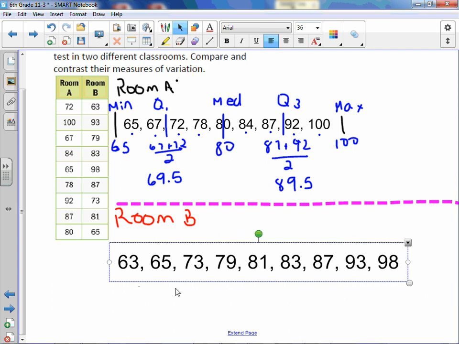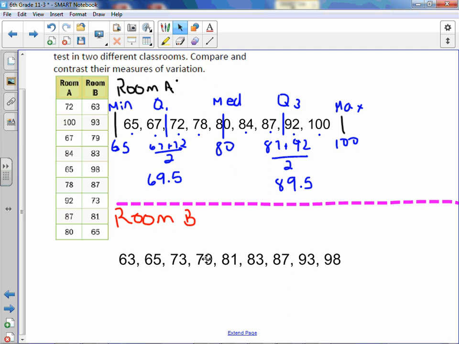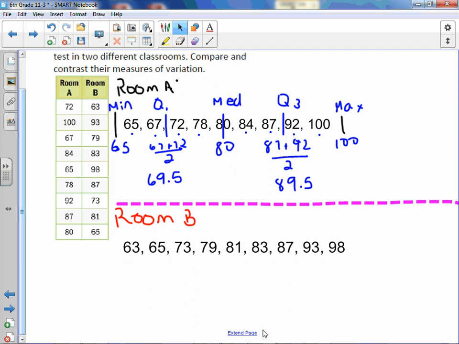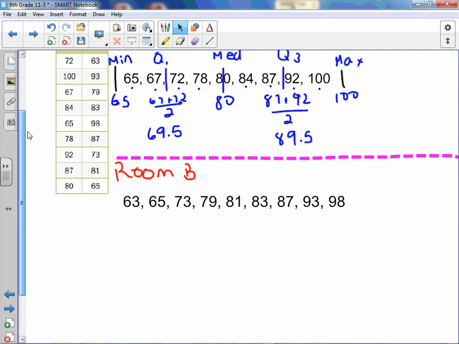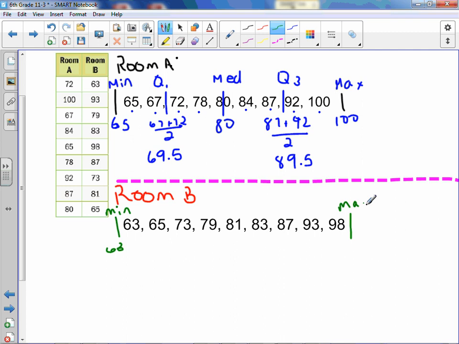Again, there should be 9. 1, 2, 3, 4, 5, 6, 7, 8, 9. Our minimum is 63. Our maximum is 98.